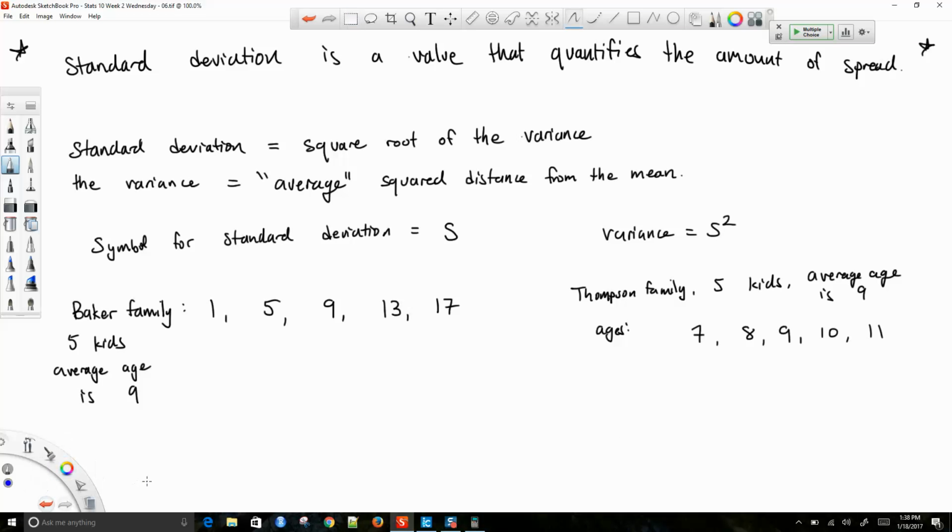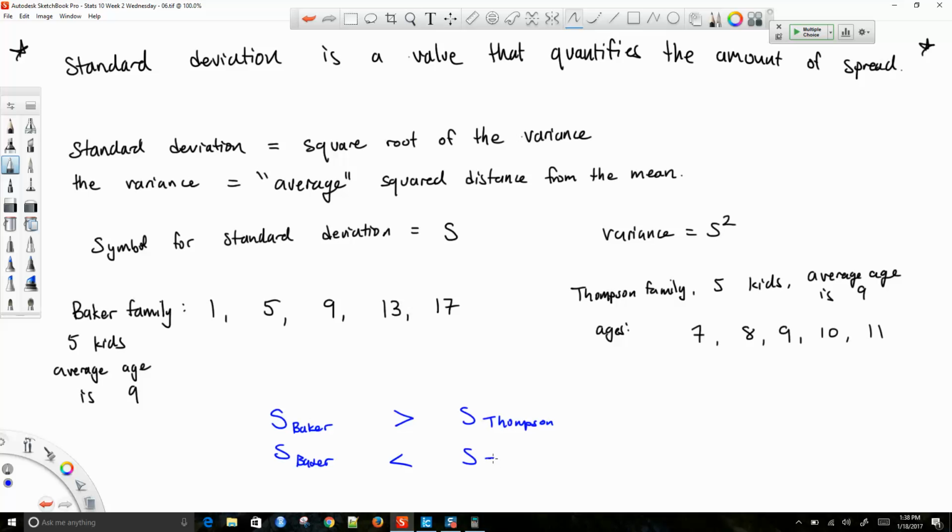But let's ask a quick clicker question. If we calculated the standard deviation, and we'll do this in a moment, is the standard deviation for the Baker family greater than the standard deviation for the Thompson family? Or is it less than?